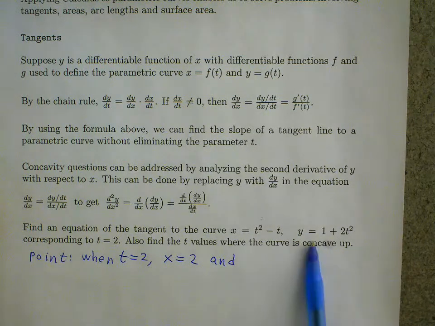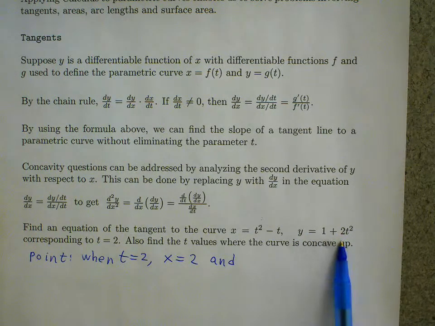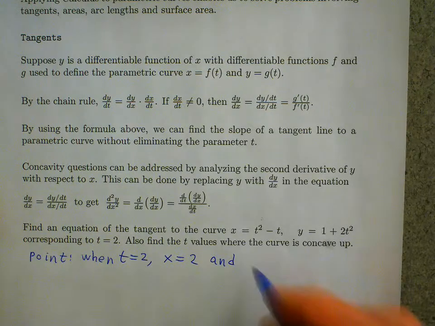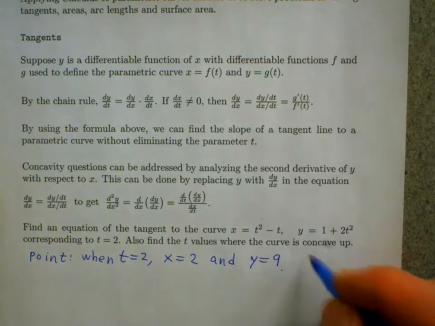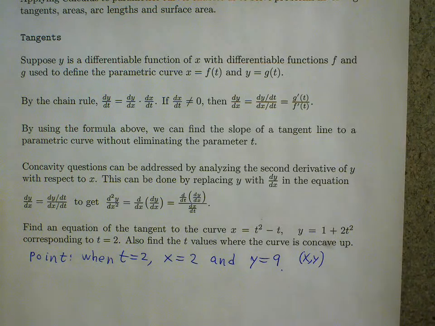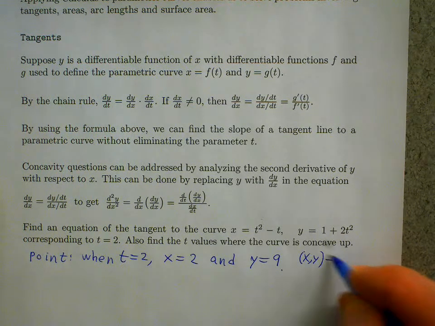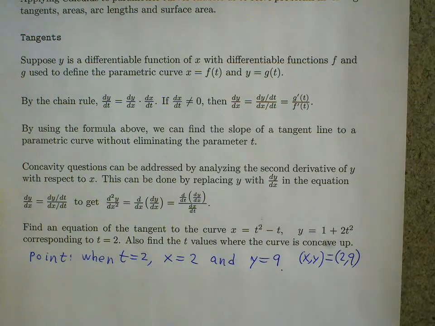And the y-coordinate is 1 plus 2 times 2 to the second. So that means y is 9. Okay, so that is the ordered pair of the point on the curve through which a tangent line will pass, and we want to find the equation of that tangent line. So that is the point on the curve.